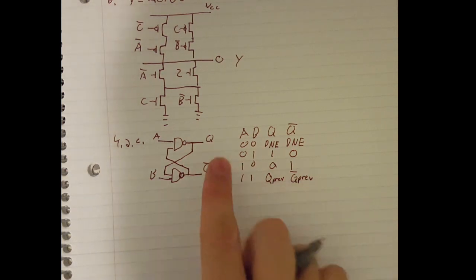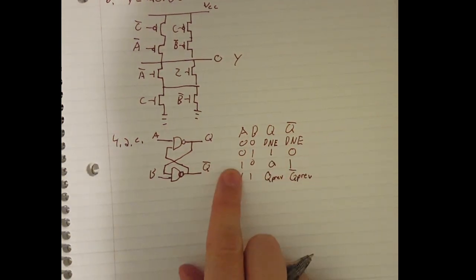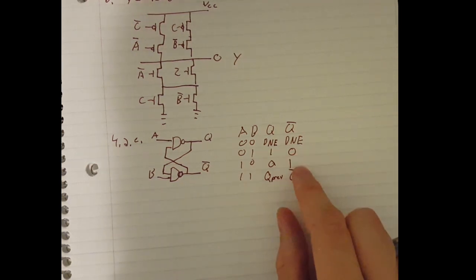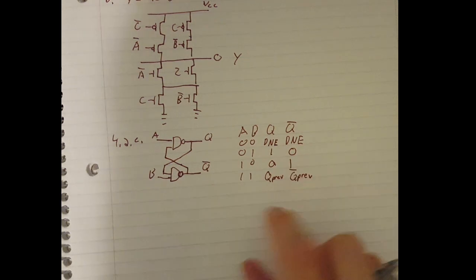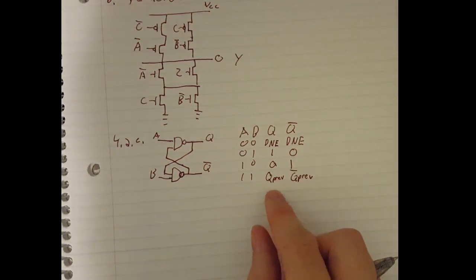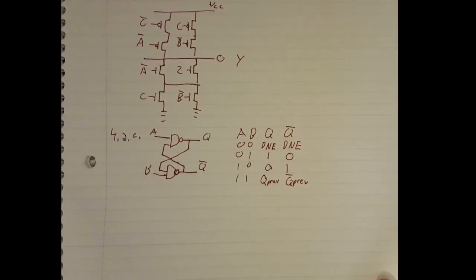So all we have here is A is 0, B is 1 is a set. A is 1, B is 0 is a clear. And then if they're both 1, it's a store. So this is a type of latch.